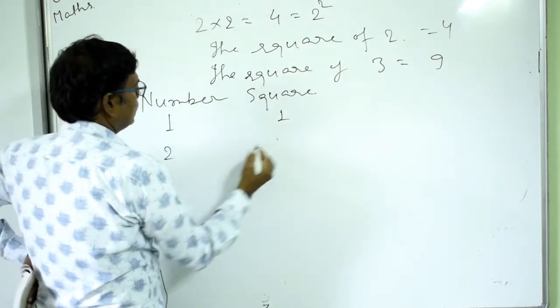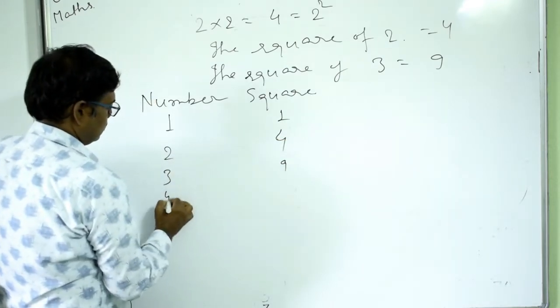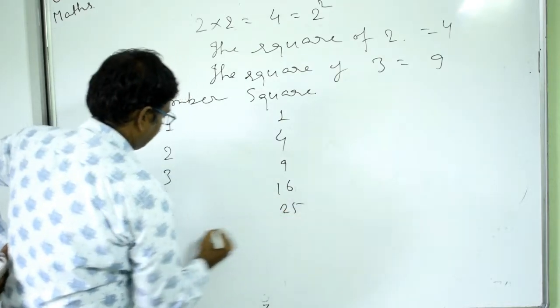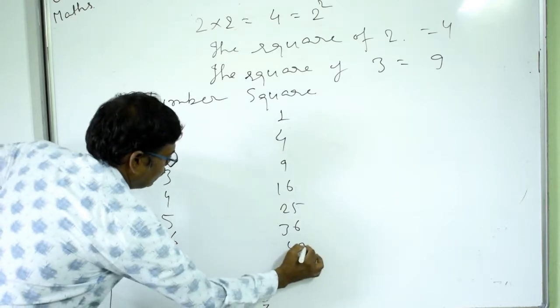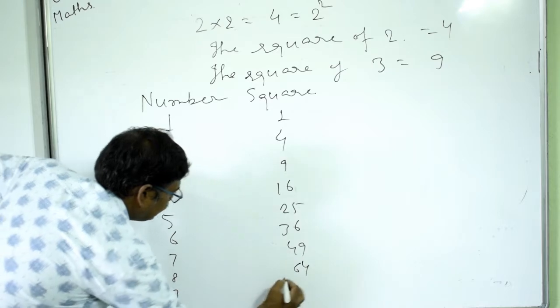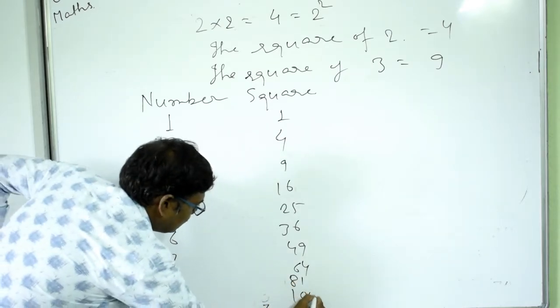The number 2, its square is 4. 3, then 9; 4, 16; 5, 25; 6, 36; 7, 49; 8, 64; 9, 81; and 10, it is 100.